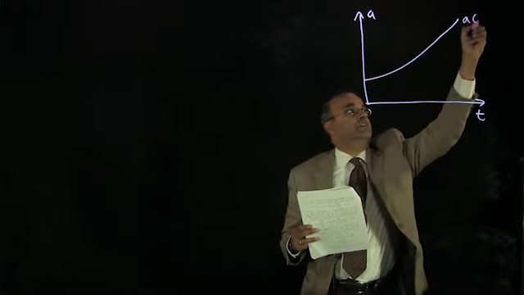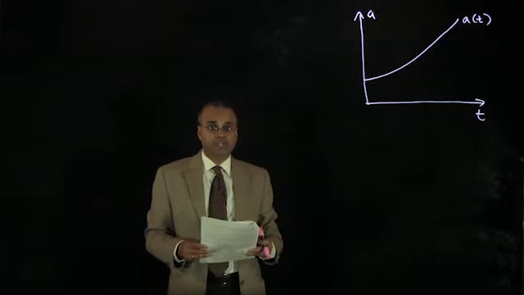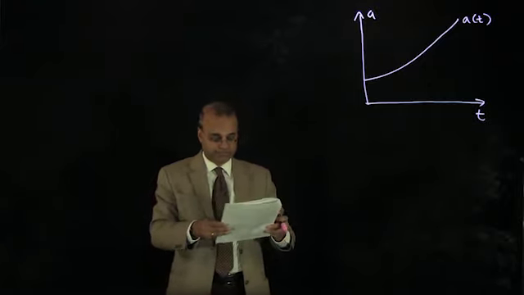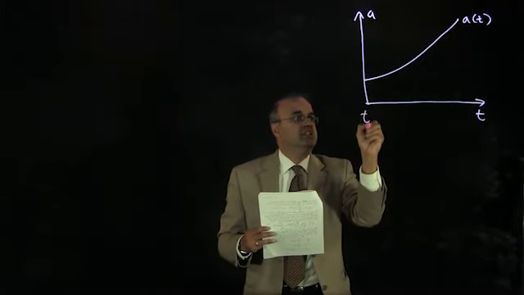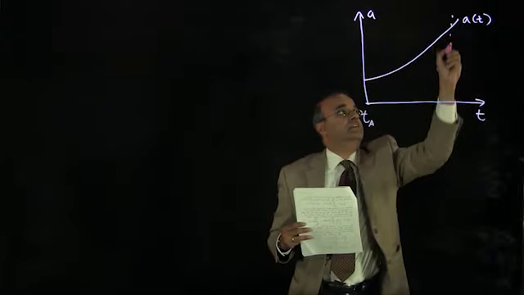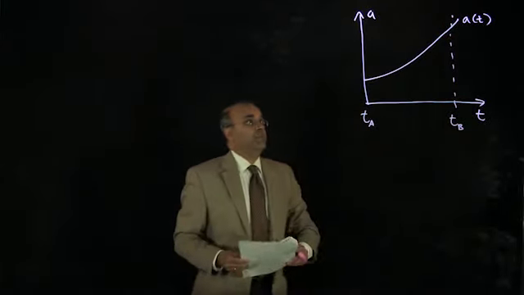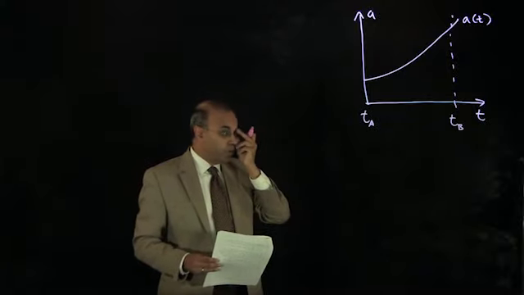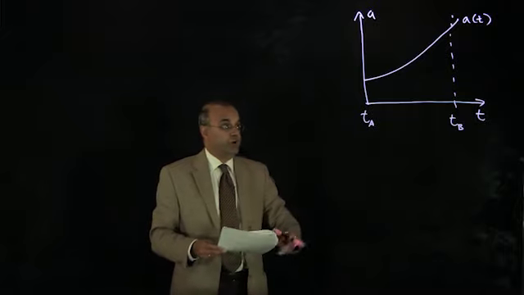The change in velocity will still be the area under the curve a of t over the time interval we're interested in. So let's suppose we want to go from this time here, I'll call it t sub a, and my ending time will be t sub b.